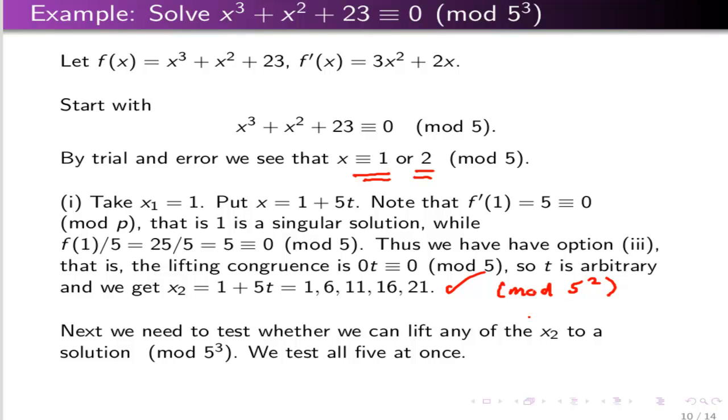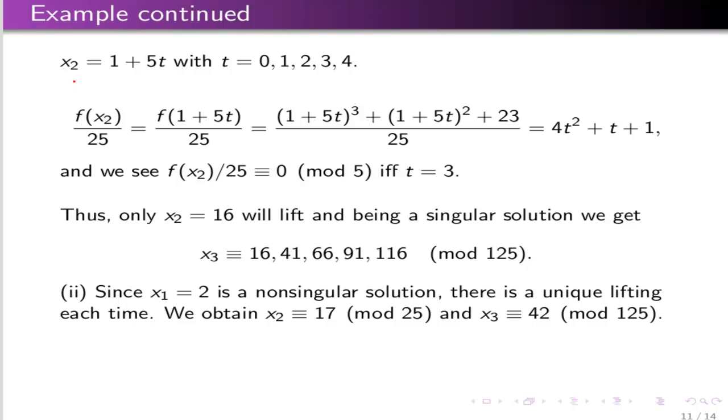I'm going to do all of them at once by just letting x2 be of the form 1 plus 5t, where t is one of 0 through 4. And I want to find the lifting congruence. We've already calculated f prime of x1.